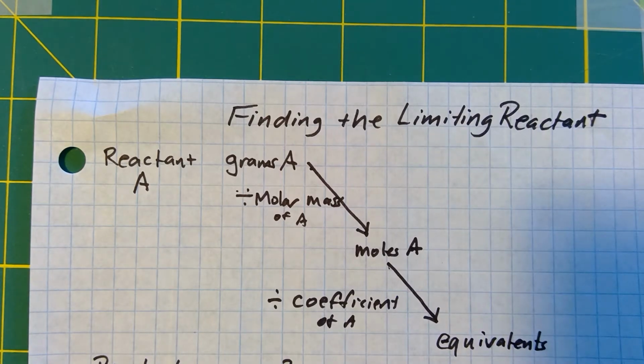For our first reactant, we'll call it reactant A, we're just going to follow the first parts of our quick stoichiometry plan. We'll convert it down to equivalents. Again, grams divided by molar mass gives moles. Moles divided by the coefficient gives equivalents.